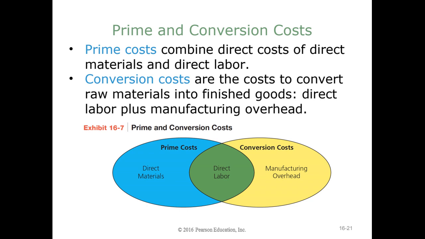It is a product cost, it is direct labor, and it is also prime and conversion. Prime and conversion for wages of assembly line workers, because direct labor falls right here in the middle. Can you see my?